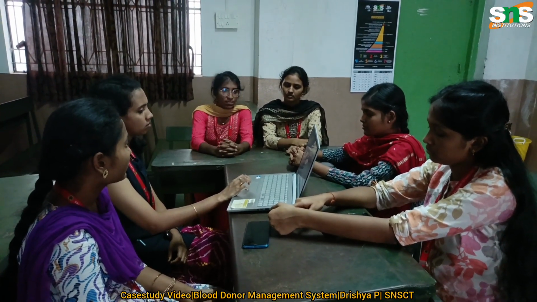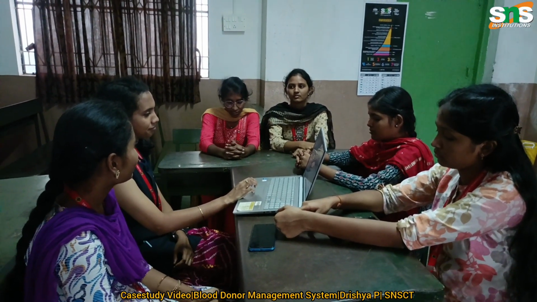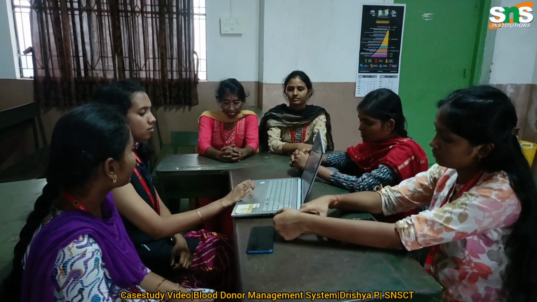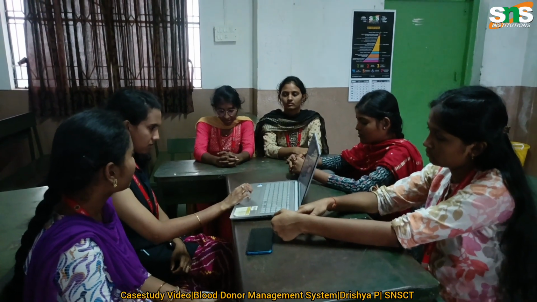The functional requirements are blood donor registration, emergency requests, matching and donor registration. We also define non-functional requirements such as data security, system reliability and fast response time. This work helps clearly define the objective and scope of the blood donor management system.